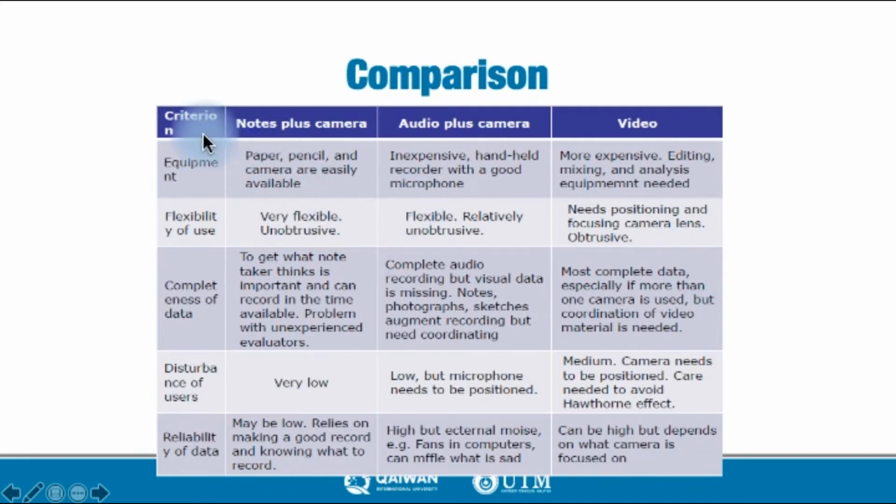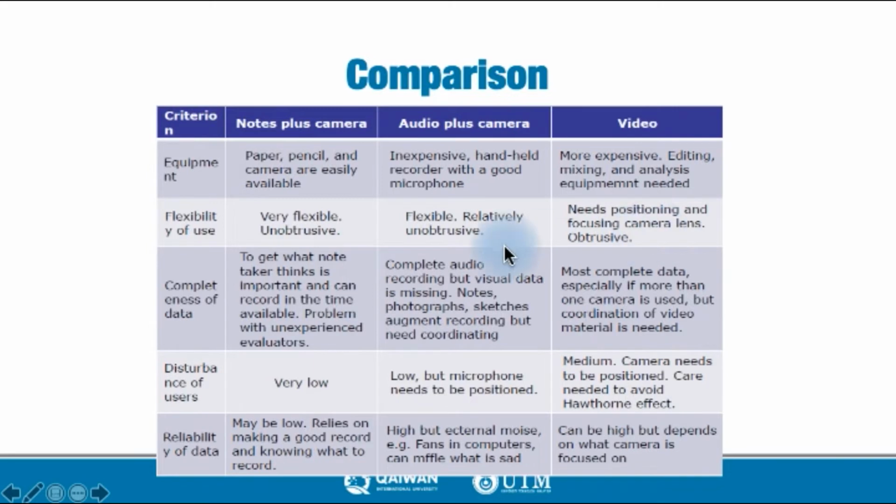So these are the criteria that I will be measuring and comparing. For example, for flexibility, when we take notes plus the camera, the people say they are very flexible. So based on the users' and customers' answers, they say it's very flexible. But with audio plus camera, they say flexible, relatively unfortunately. And for the video, they say it needs to be more updated, needs more features to be more flexible.